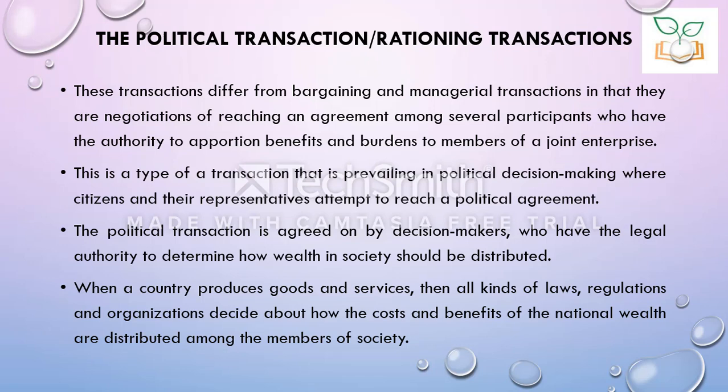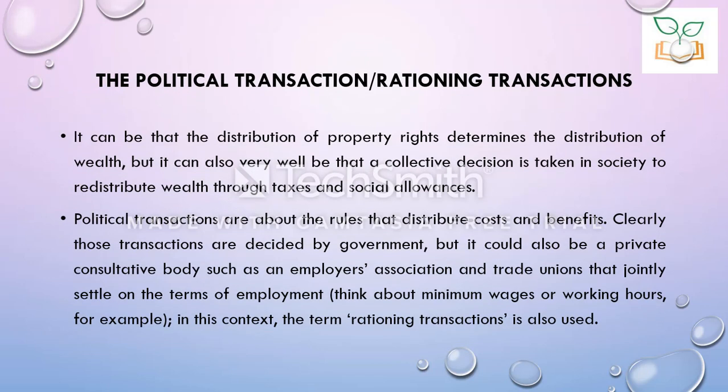The political transaction is agreed on by decision makers who have the legal authority to determine how wealth in society should be distributed. When a country produces goods and services, all kinds of laws, regulations or organizations decide about how the costs and benefits of the national wealth are distributed among the members of society.